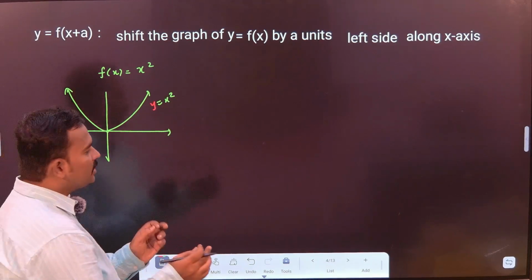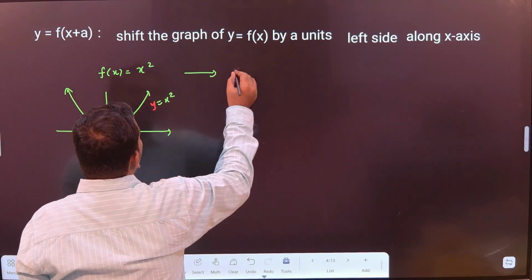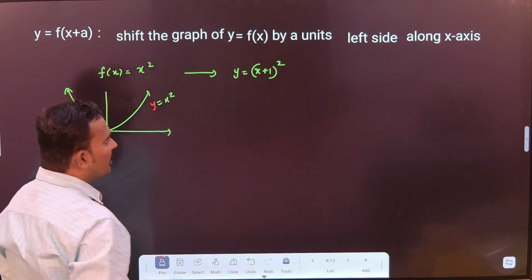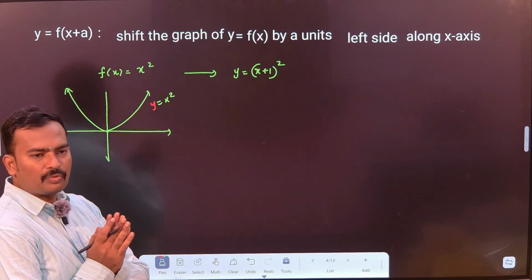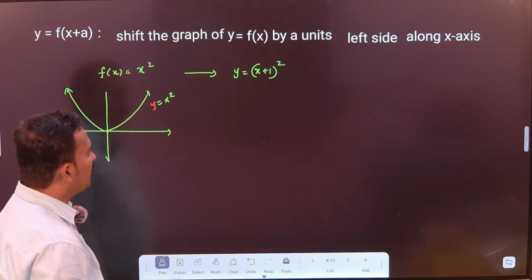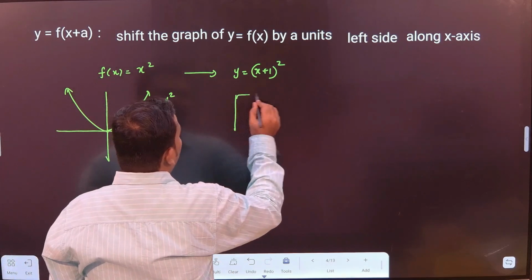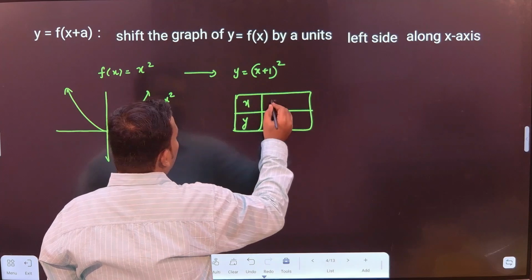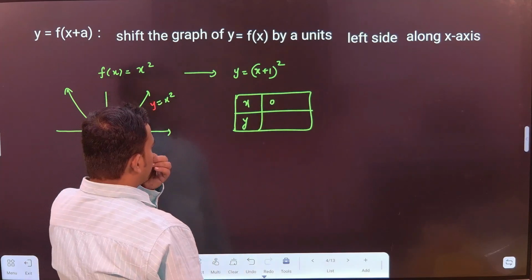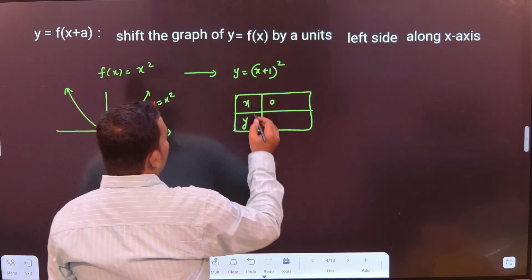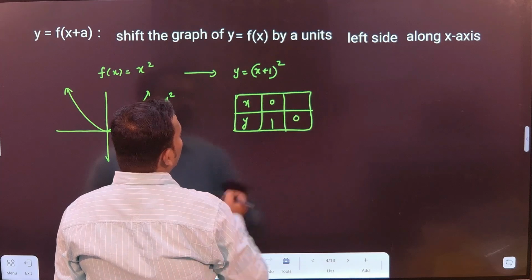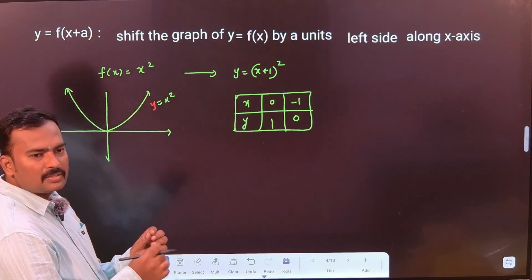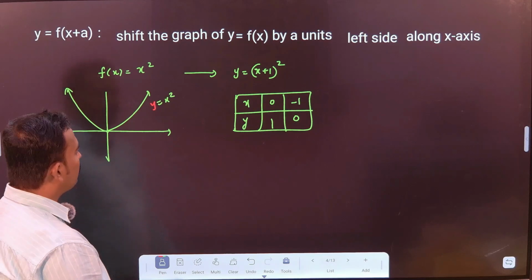Then how to change it into y is equal to x plus 1 whole square? Take x and y, put x is 0, then y will be 1. Put y is 0, then x plus 1 is equal to 0, x equal to minus 1, right?